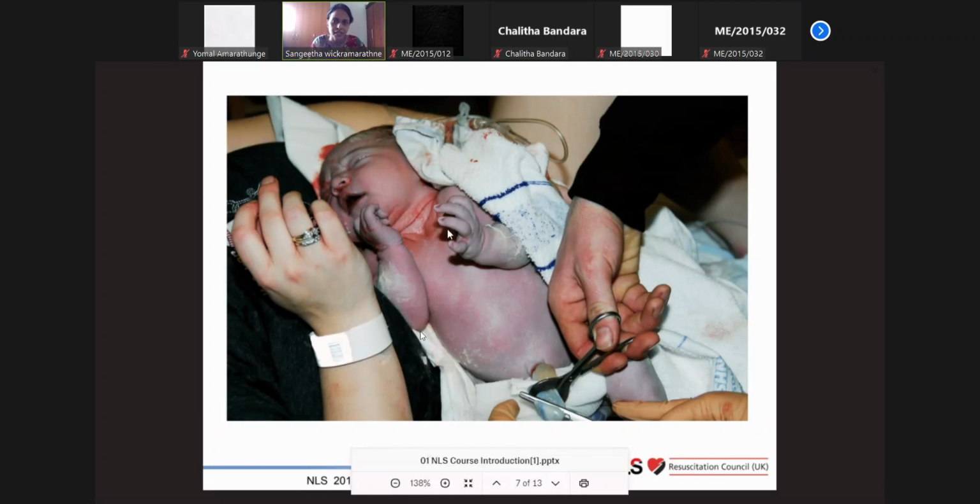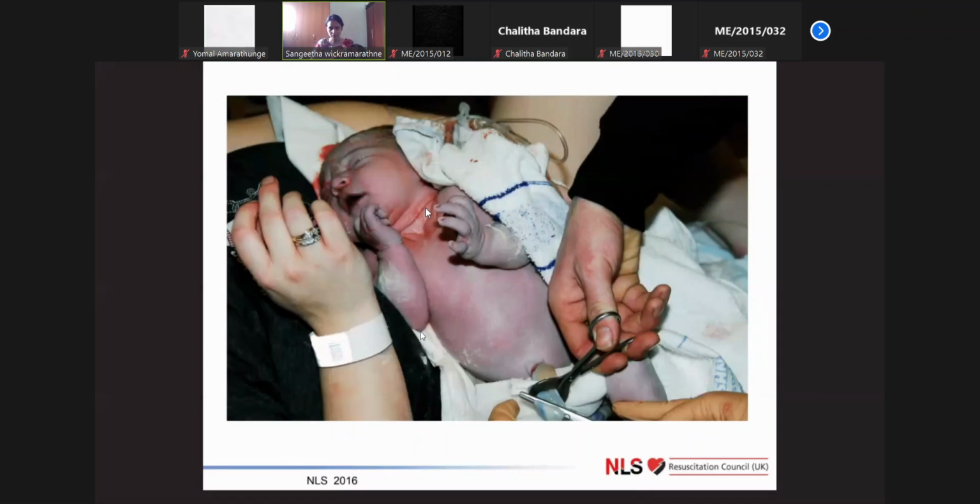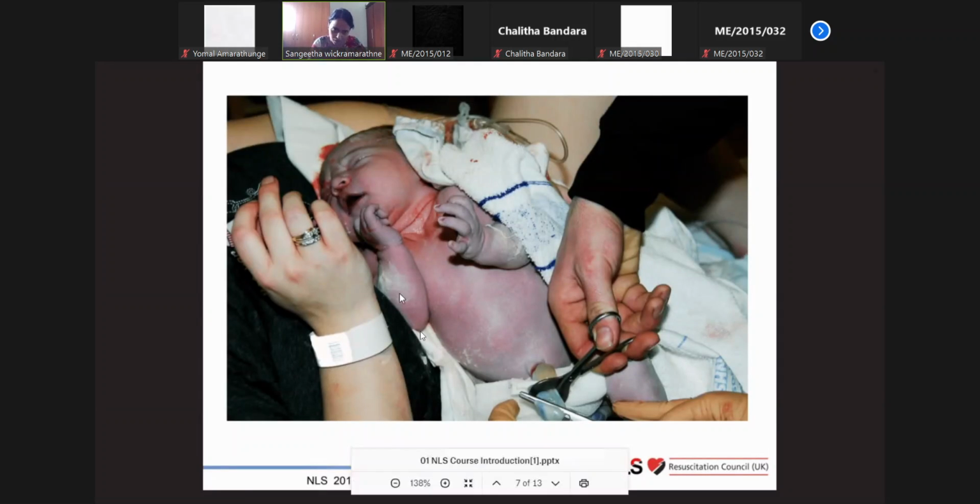Now you can see here there is a newborn. I hope you all can see. This one is just born, and you can see some blood stains, probably from when the baby came through the vaginal birth canal. There is blood all over the baby, and vernix caseosa, the whitish material.